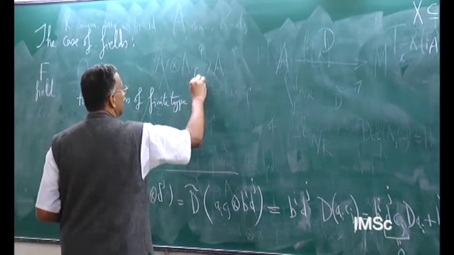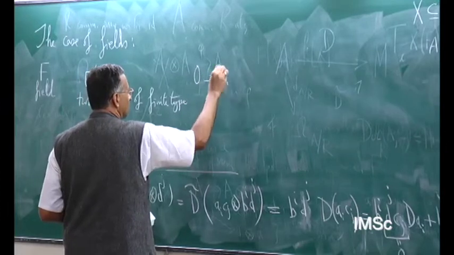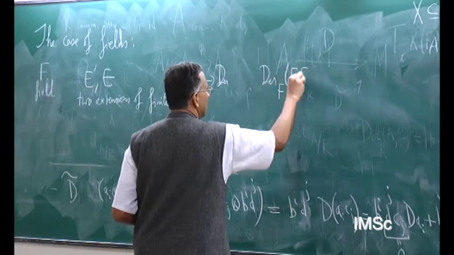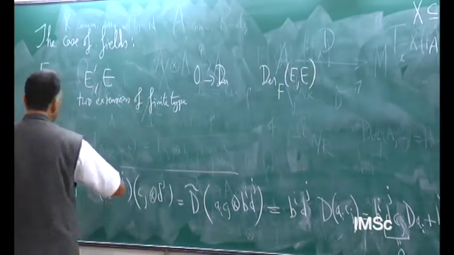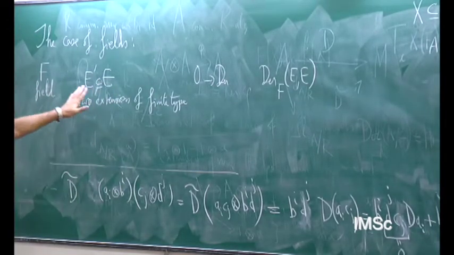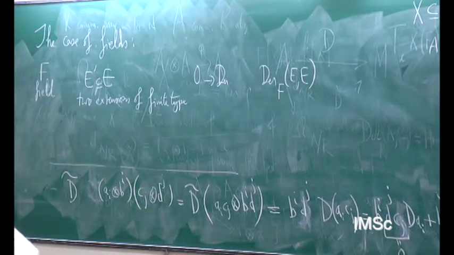So then we have this exact sequence. Let's see, derivations. It's better to take E. Well, E prime is contained in E. So this is the assumption. I can think of E as an algebra over F, also as an algebra over F prime, right?